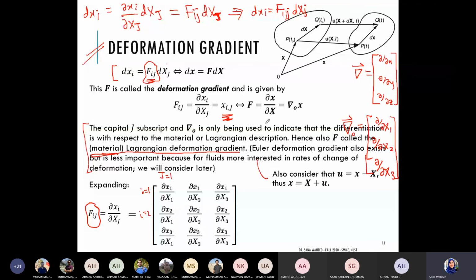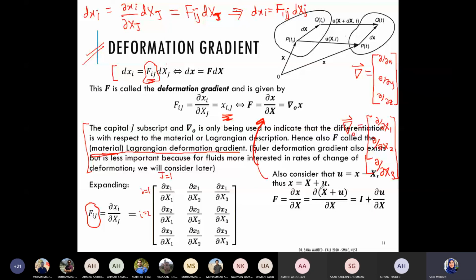let me substitute this. What happened to my pen? Substitute this in here, then I get x is capital X plus u, which means I can expand this, since the del operator is distributive, to be del X with respect to del X, which gives me an identity matrix, plus del u by del X. Isn't that so?